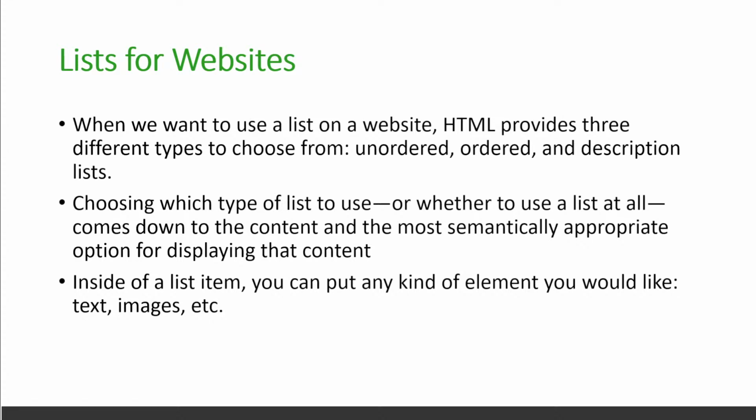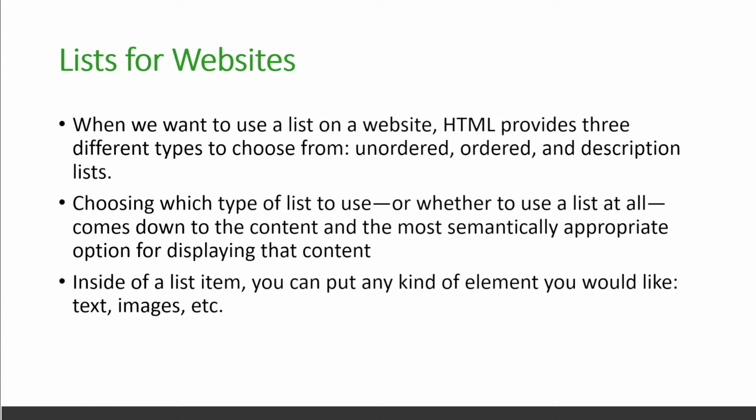And inside of our list items, we can put any kind of element we want to put there. Which is pretty neat. Text, images, anything. Right? As long as it can fit inside of our list item.